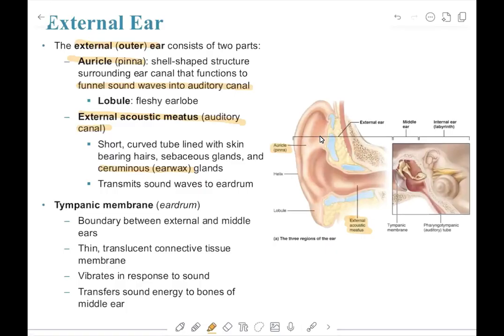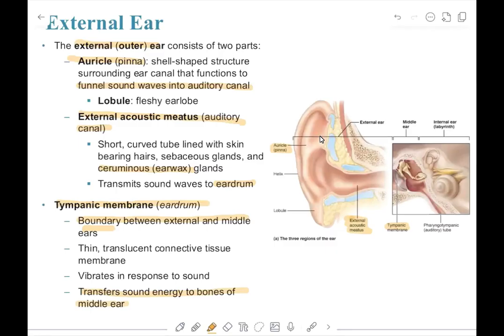And the job of this is to transmit the sound waves to the tympanic membrane, which is the eardrum. So the tympanic membrane is really the end of the external ear, and it's the boundary between the external and the middle ear. So it transfers the sound energy to the bones of the middle ear.